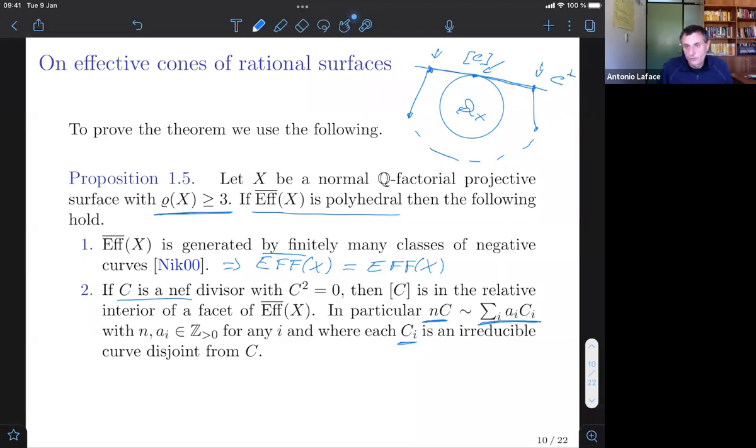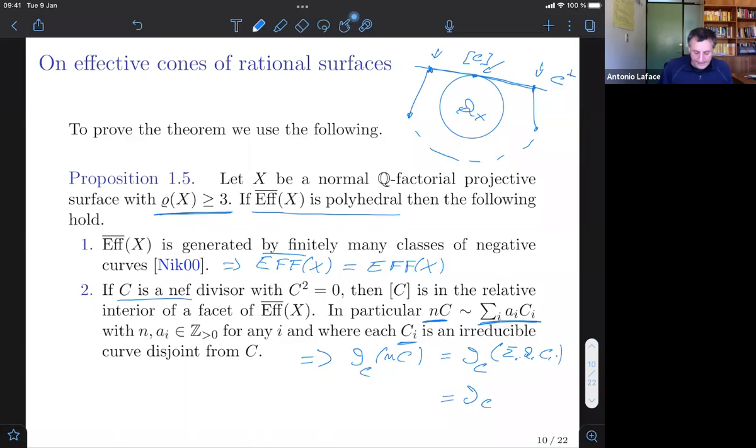They are distinct from C, so they are disjoint from C, with zero intersection. In particular, a strong consequence of this is that if I consider the restriction of nC to C, then this is isomorphic to the restriction of this sum, and since these C_i are disjoint from C, this is O_C.